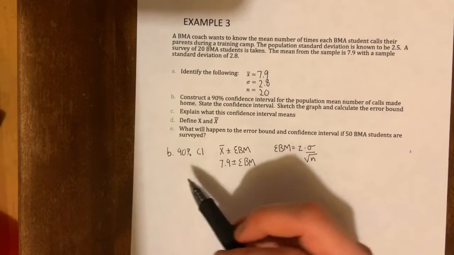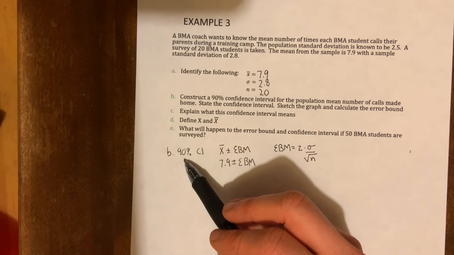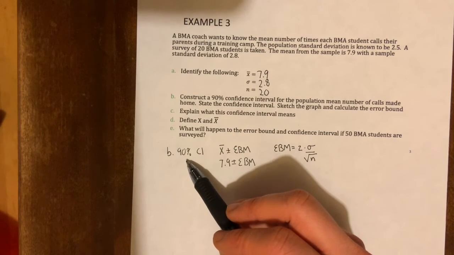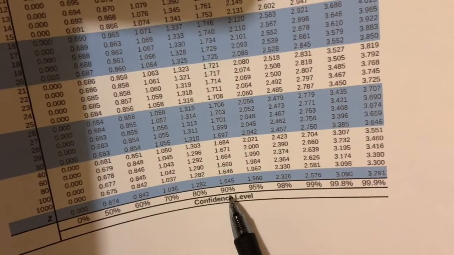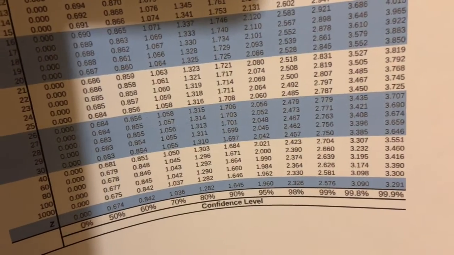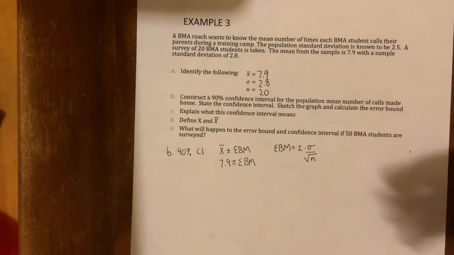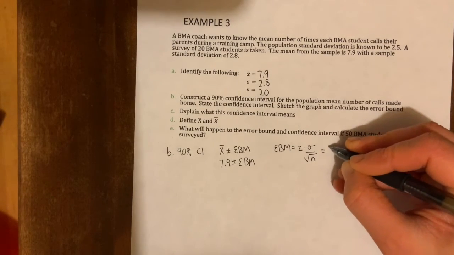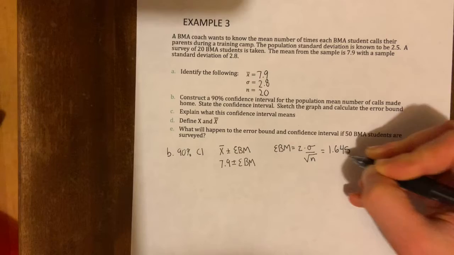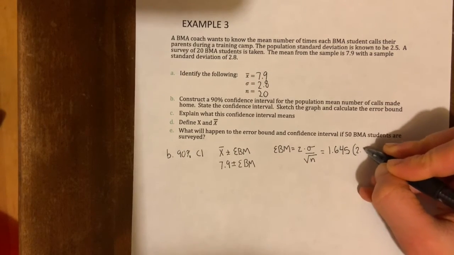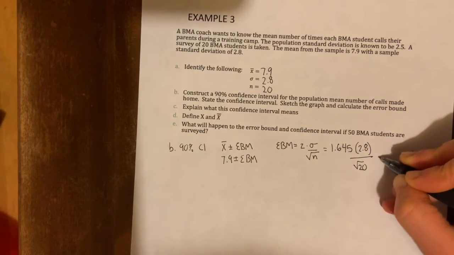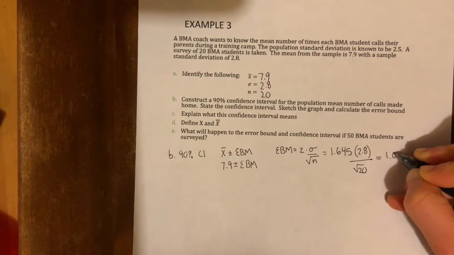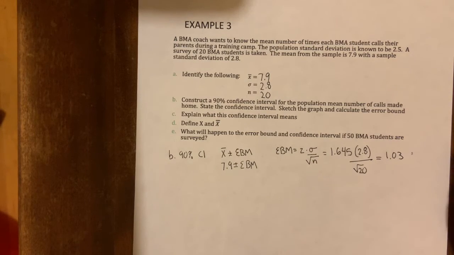For our z-score, since we're looking at a 90% confidence interval, the alpha would be 0.1, and looking at that on our chart, z is 1.645, times 2.8 divided by the square root of 20. Which, if we calculate that out, is equal to 1.03.